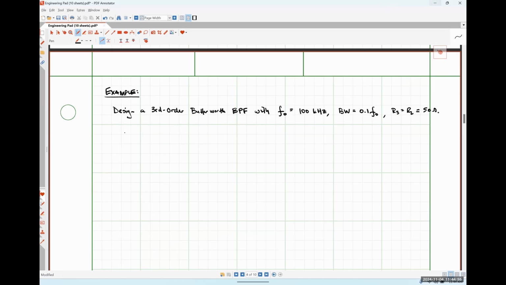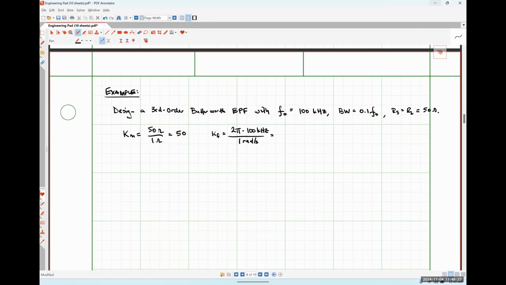So let's figure out our parameters here. Our magnitude scaling parameter is 50 ohms over 1 ohm. So that's literally just 50. Nothing new there whatsoever. Our frequency scaling factor, KF, is going to be 2 pi times 100 kilohertz over 1 radian per second.